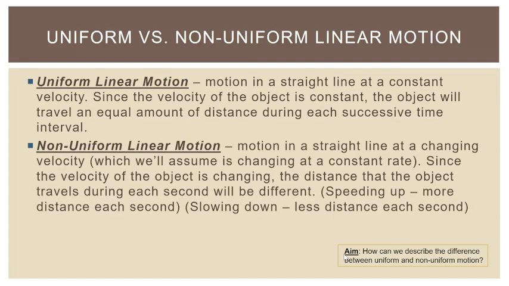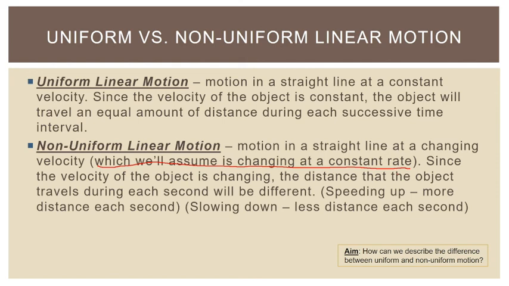Non-uniform linear motion is motion in a straight line at a changing velocity, and that's the difference. This bit is very important, that we are going to assume here that these velocities are changing at constant rates.